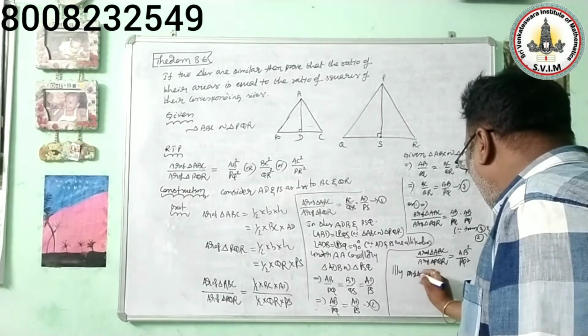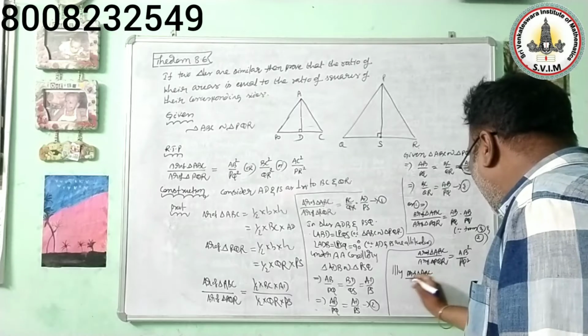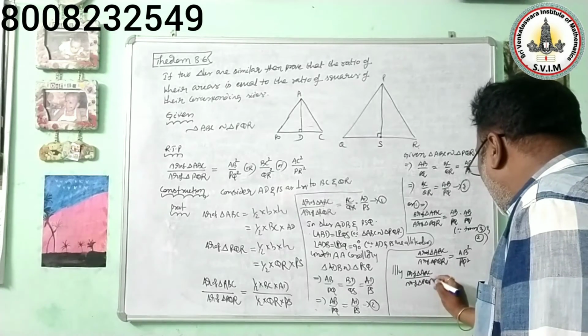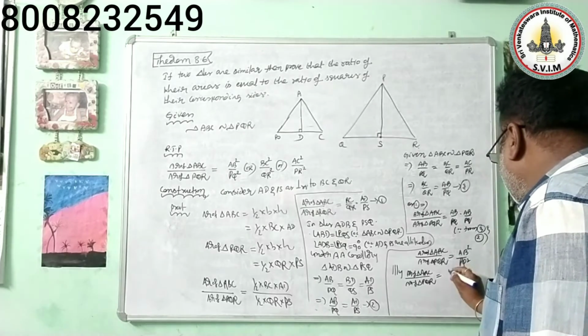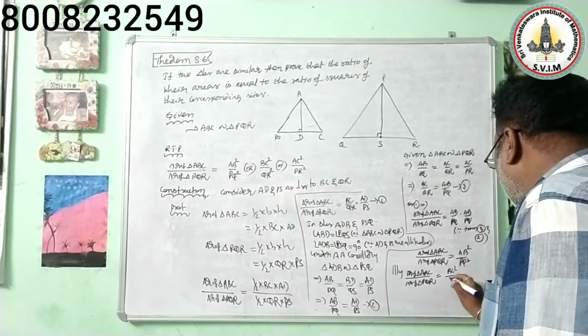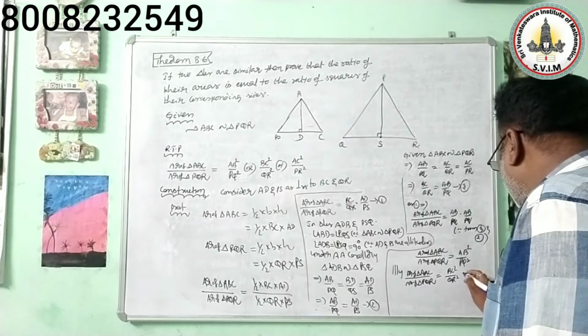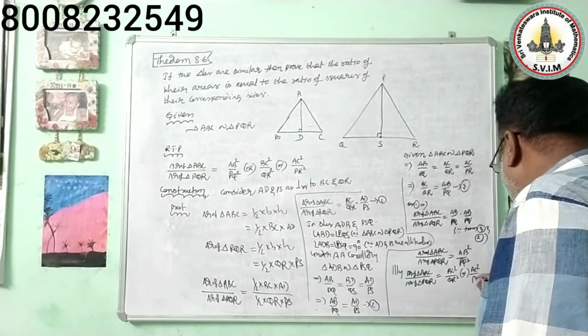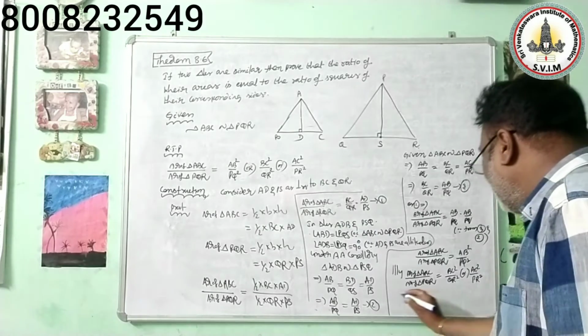So area of triangle ABC by area of triangle PQR is equal to BC square by QR square or AC square by PR square.